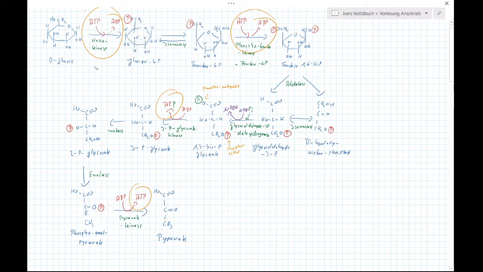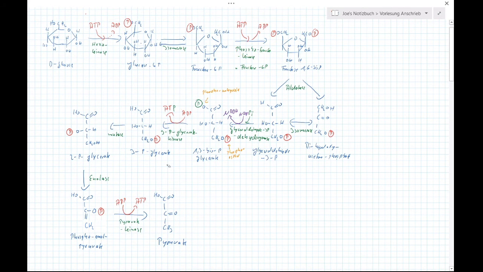However, in reality, we have generated 2 molecules here. And of course, as we can convert these 2 molecules with the isomerase, we have generated, in principle, 2 molecules of glyceraldehyde 3-phosphate, twofold. So we can generate 2 molecules of 1,3-bisphosphoglycerate.